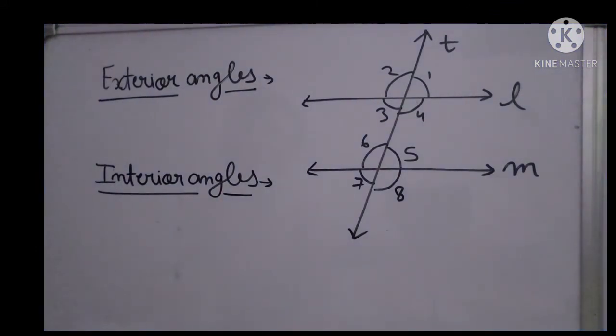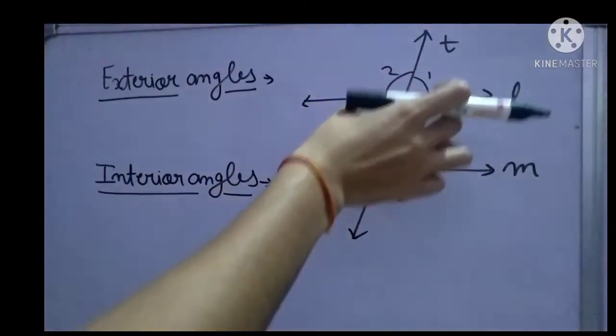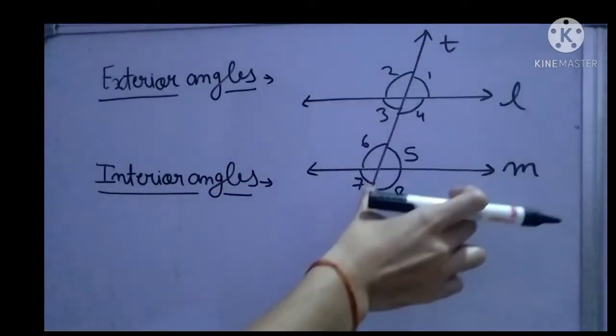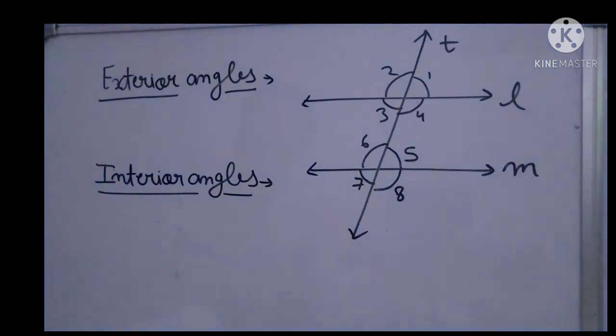So the first one is exterior angles. Those angles which are lying outside the lines L and M are called exterior angles, meaning those angles which lie in the exterior region of line L and line M.